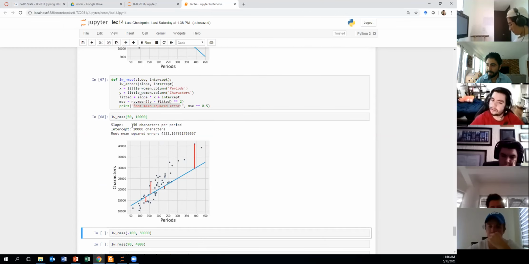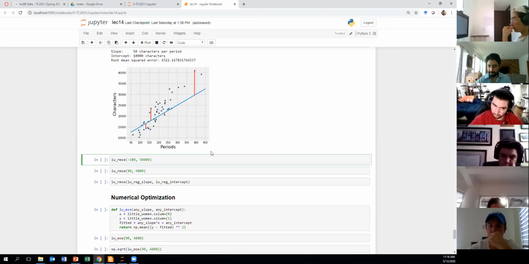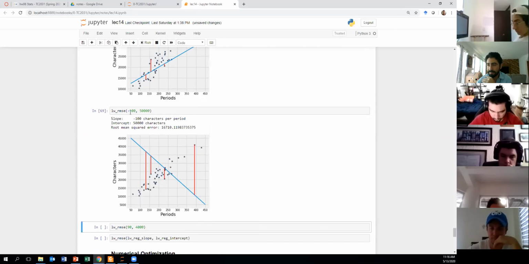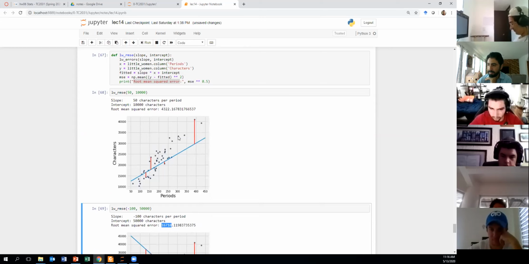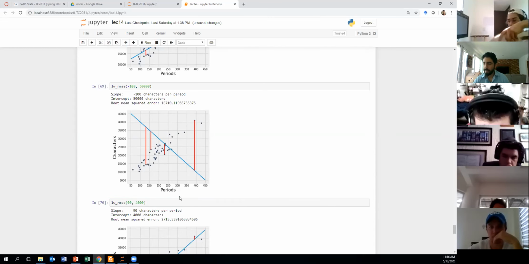For a slope of 50 and intercept of 10,000, my root mean square error is 4,322. So let's see if we can minimize that. For my -100 and 50,000, the root mean square error is way higher than this. It's 16,000.